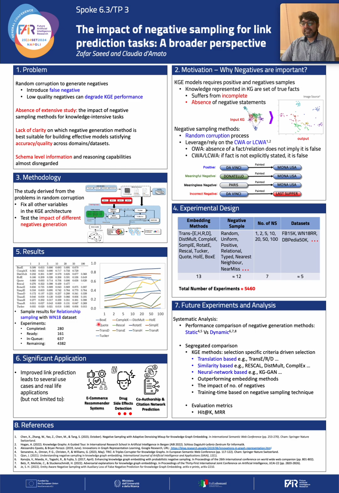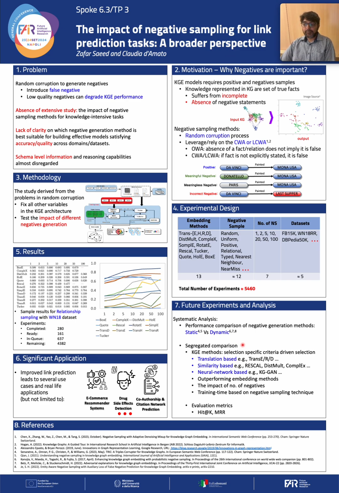So with these experiments, results and analysis, in the future these analyses require a systematic approach for performance comparison of negative generation methods based on the criterion on which we have segregated these approaches into static and dynamic approaches.